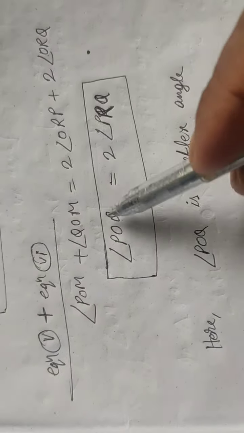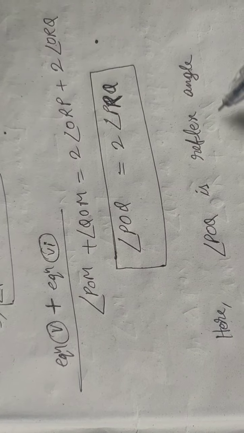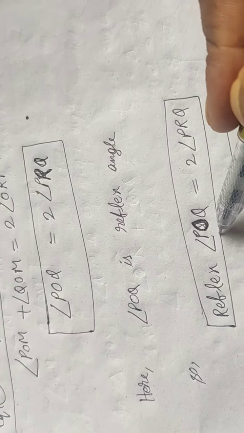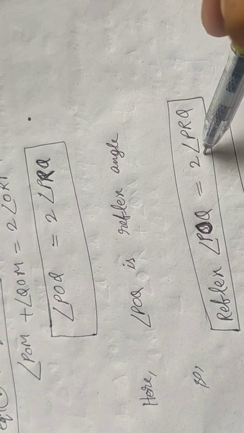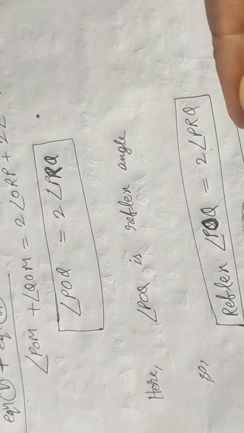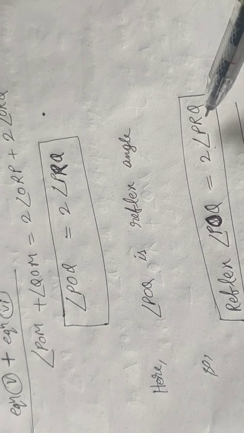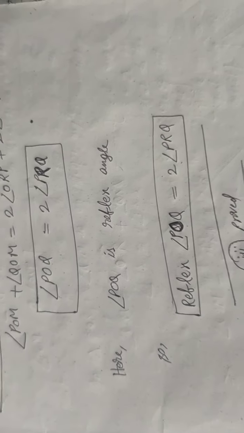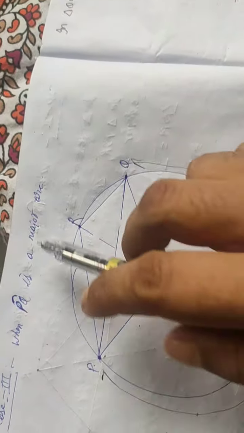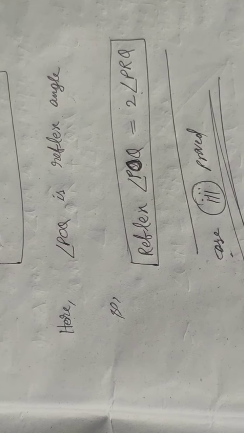That means this angle POQ is my reflex angle. So reflex angle POQ is equal to twice of angle PRQ. Clear? So for the third case, major arc, what we are getting is that reflex angle POQ is equal to twice of angle PRQ.